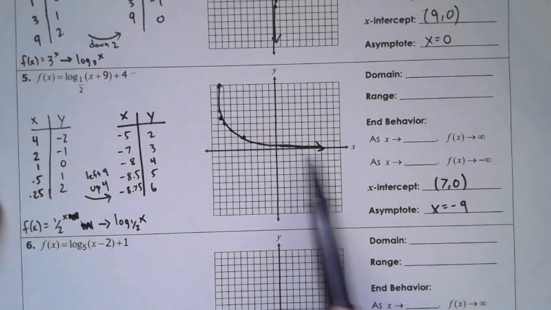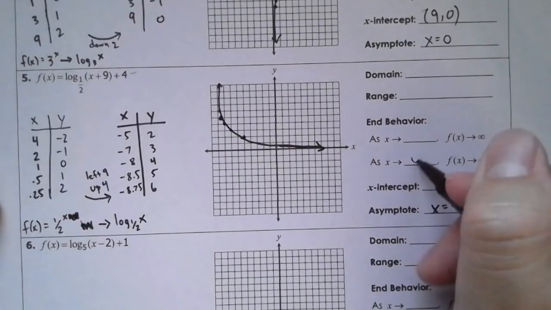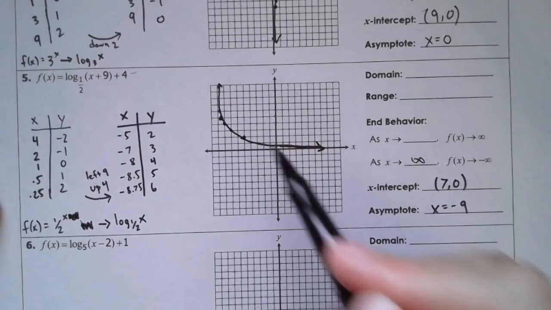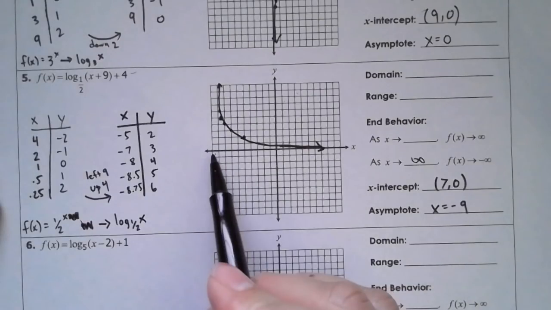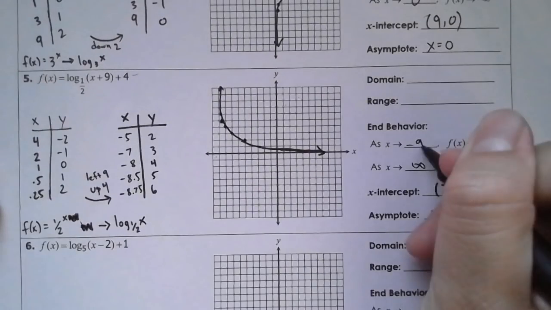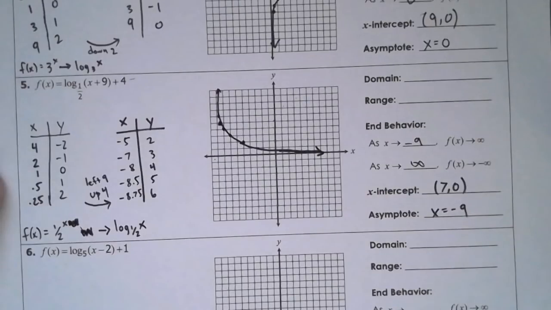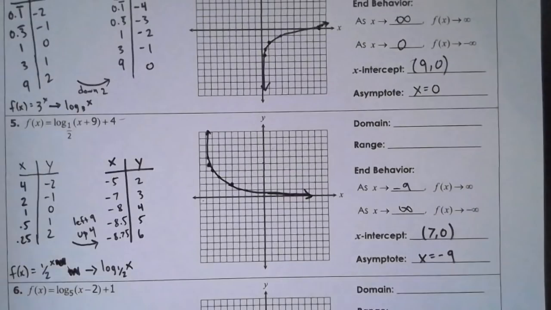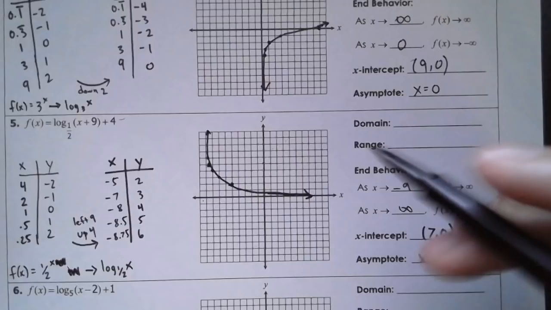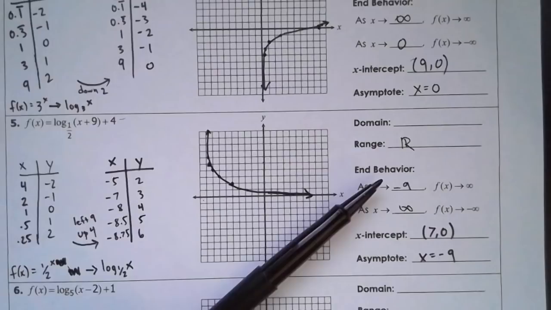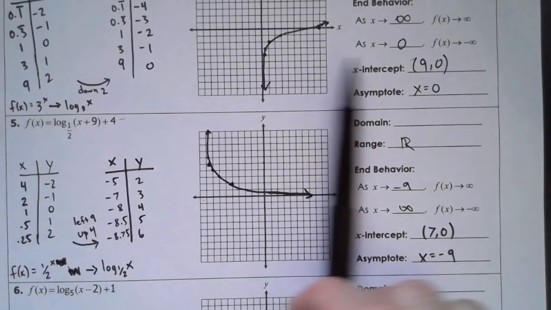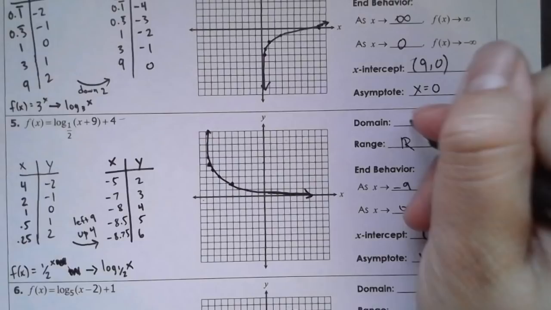And then as f of x goes towards positive infinity, x is going to get closer and closer and closer to this value here, -9. Okay, my range is, again, goes up, down, everywhere. It's all real numbers. And then finally, domain would be all values to the right of that asymptote. So all x is greater than -9.